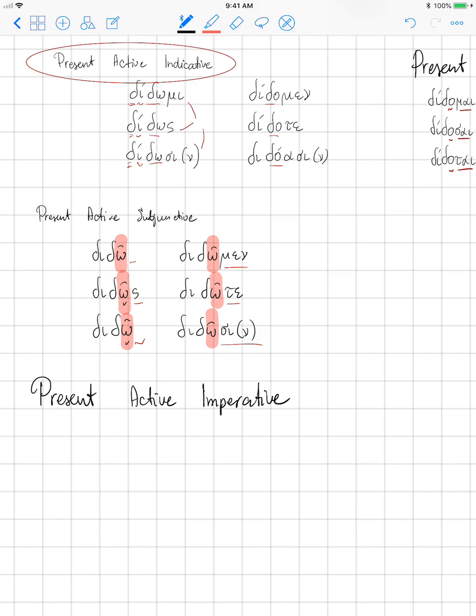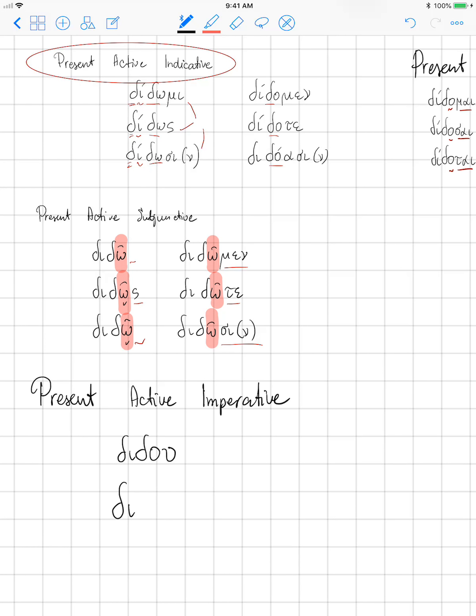So what do we have here? We have our stem, which is still do. Since it's present, it has reduplication with iota, and the ending is different for second person singular, it's didou.